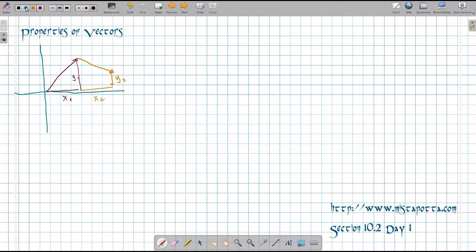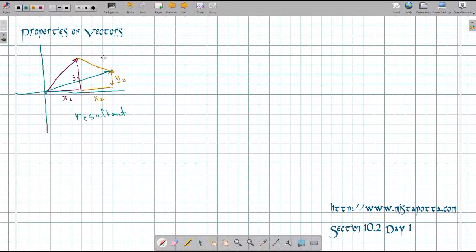And so my result would be to string these together head to toe and come out with a resultant vector. This resultant vector is the sum of two or more vectors. And of course, it starts at the original starting point and it ends at the original ending point.